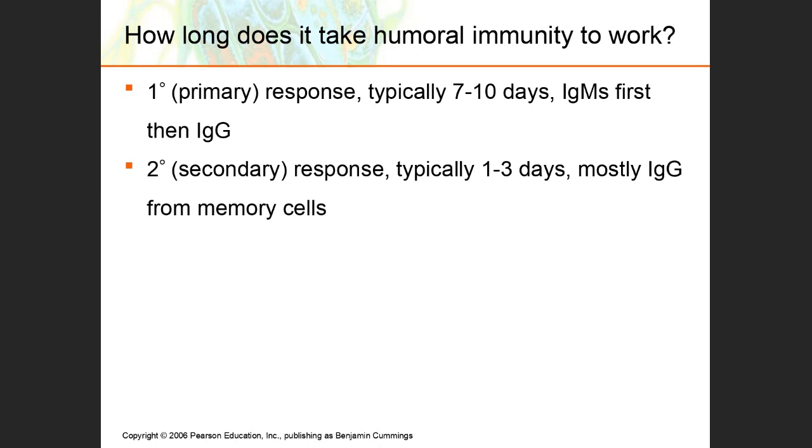So you make antibodies so fast that you're immune, right? That pathogen can no longer cause an infection because you're able to make the antibodies a whole lot faster. So all subsequent exposures, you can make the antibodies in 1 to 3 days, so fast that it makes you immune. And normally for your entire life, you'll be able to do this.